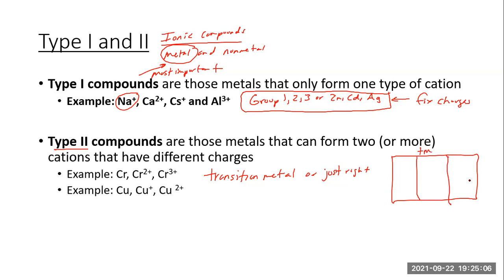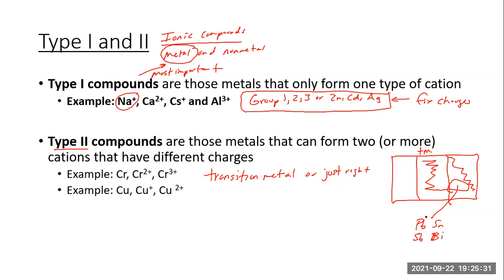We have the staircase that comes down. So all of our transition metals, except for zinc, cadmium, and silver, have variable charges. And then also in this region below the staircase, where we see things like lead or tin or antimony or bismuth, these guys, which are technically not transition metals, also have the ability to make a variable charge.